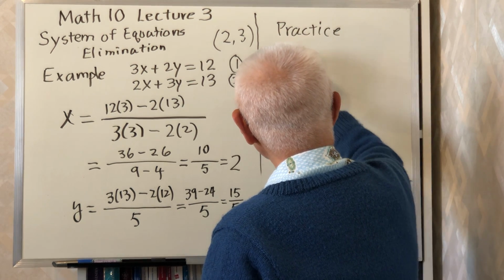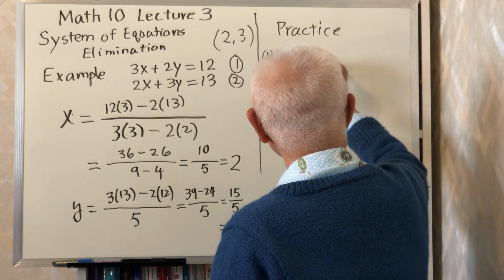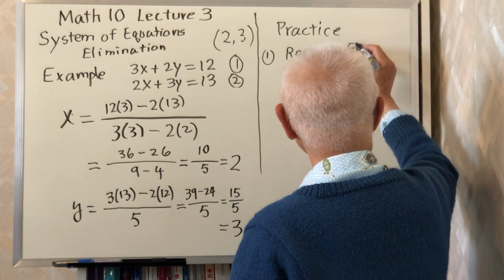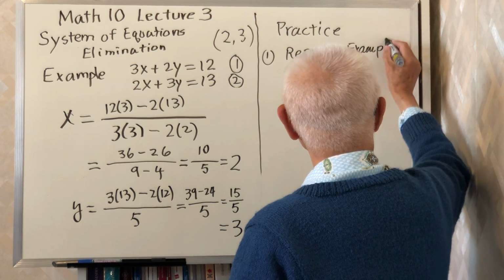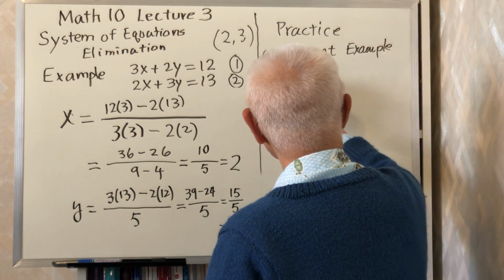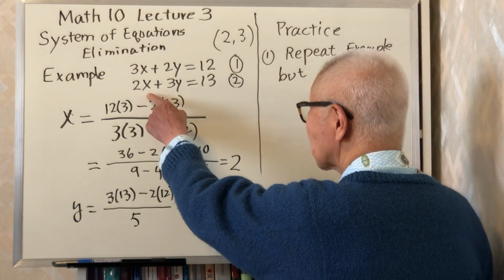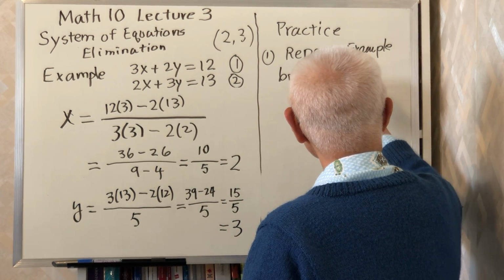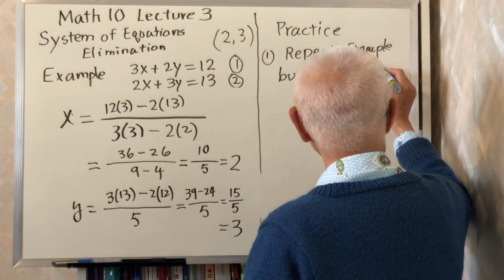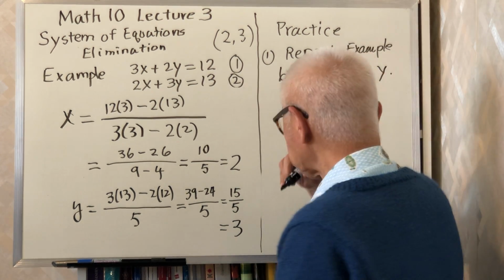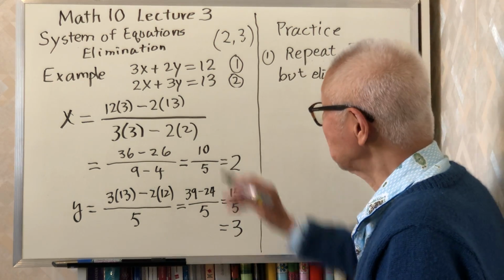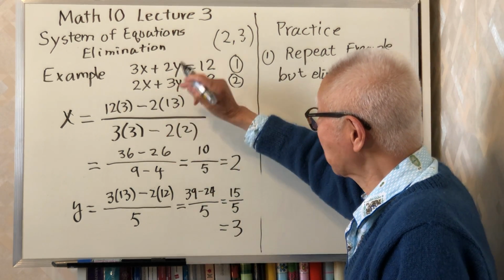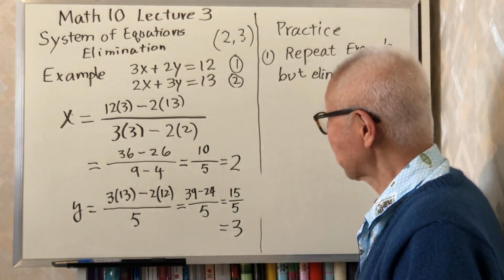Number 1 is to repeat the example, but instead of eliminating x, I want you to eliminate y. Eliminate y and find x. In our example, we eliminated x and found y.